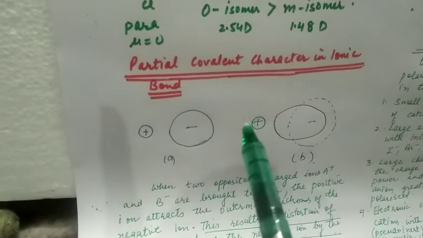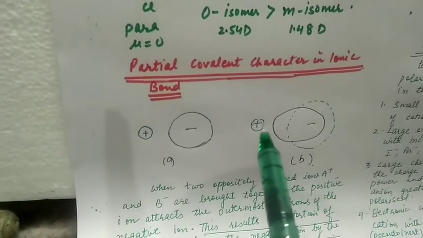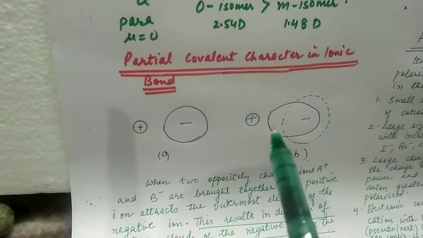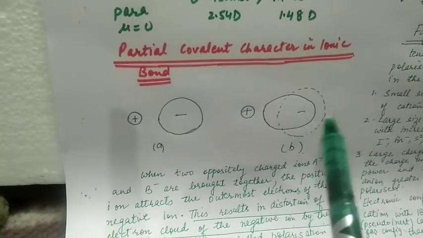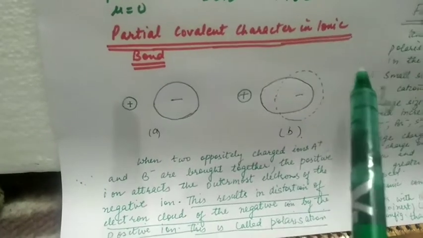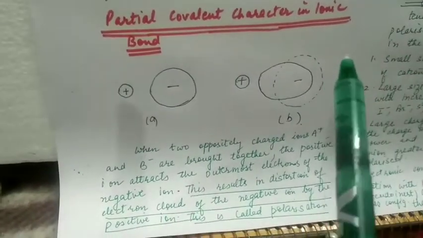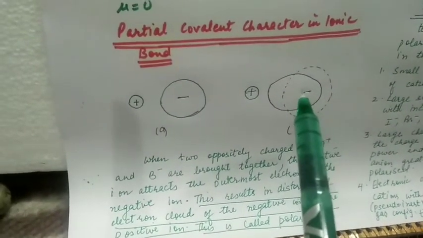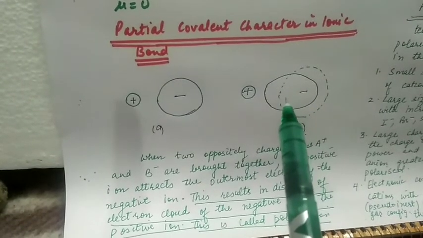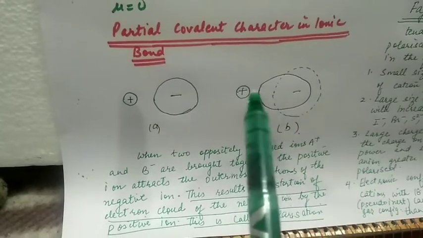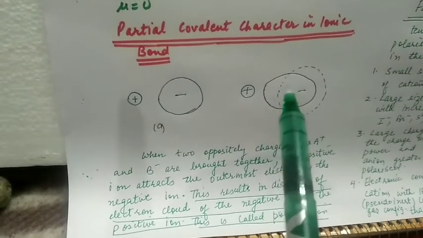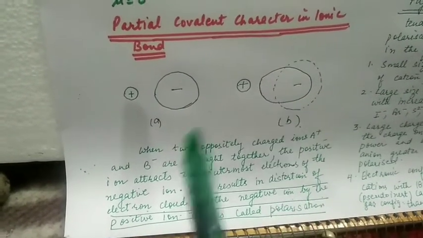Now a positively charged cation may distort the electron cloud, this dotted one, of the anion towards itself, particularly if the anion is bigger in size. So the electrons tend to come in between the positive and negative charges and thus acquire a covalent character.